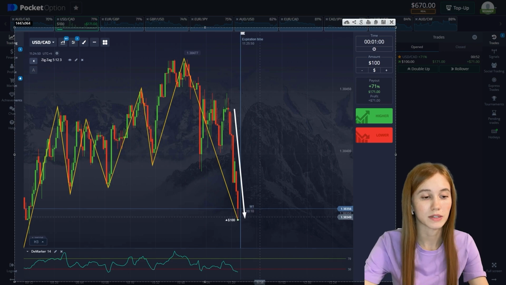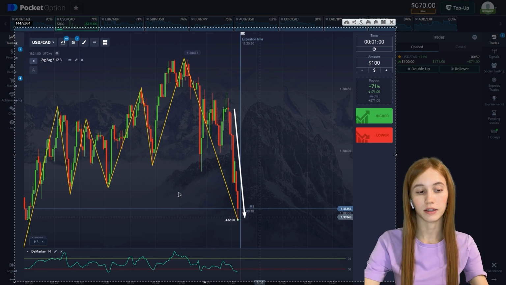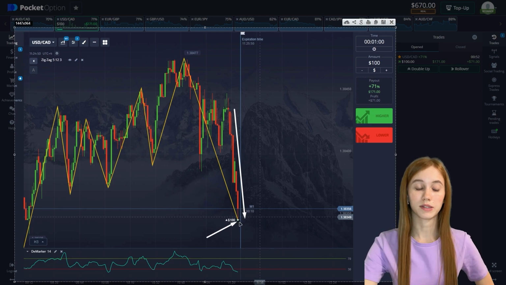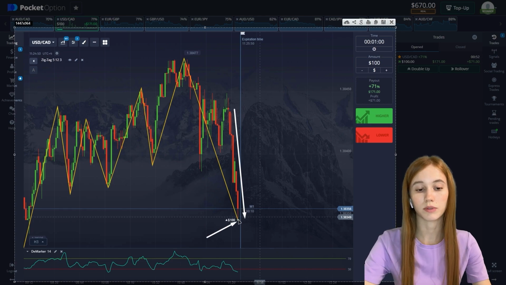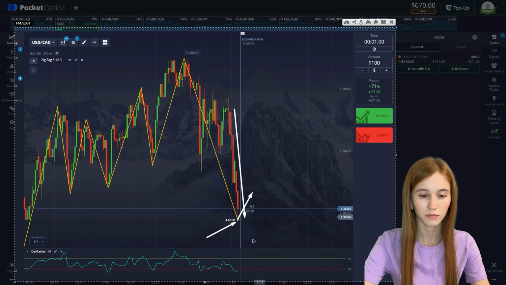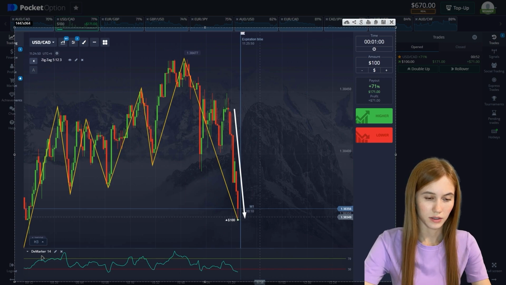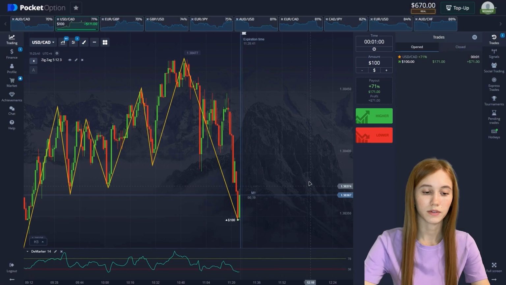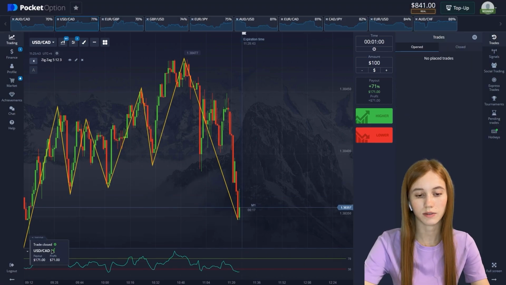But we see from the zigzag that we opened at a fairly good point of decline, a sharper point of decline, which means a slight rollback in the opposite direction. We also see from the second indicator that we have left the red zone. That means that our value will soon return to the range from 30 to 70. Let's watch. For now, there are seconds left until the end of the deal.